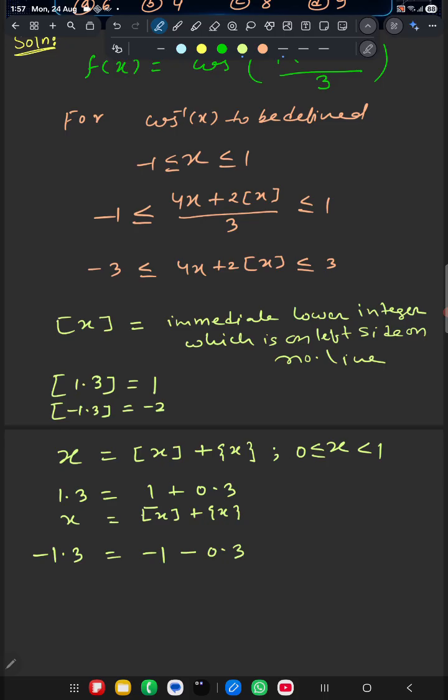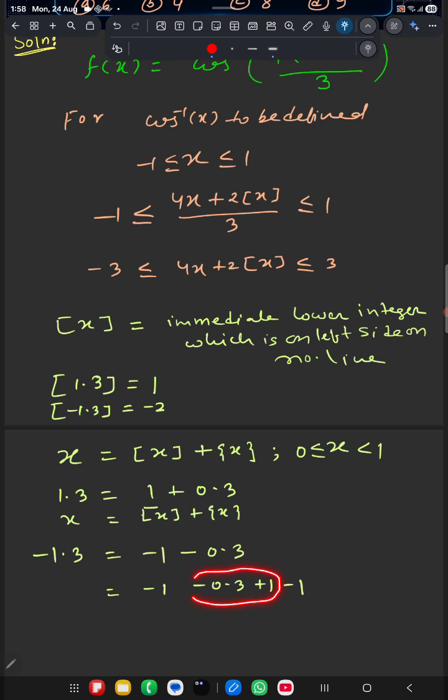But you know that the fractional part cannot be negative, so I have to make it positive. For that I will need one calculation. For that I will add 0.3 plus 1 minus 1. So the benefit of this is that our fractional part will be taken by 1 minus 0.3, which will give you 0.7, and the greatest integer value will be taken by -1 -1, that is -2.